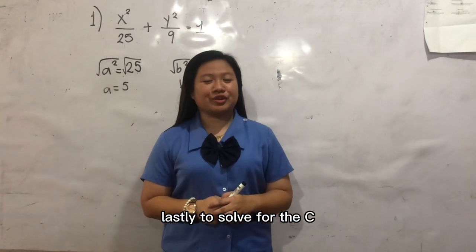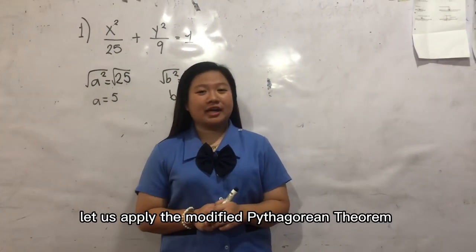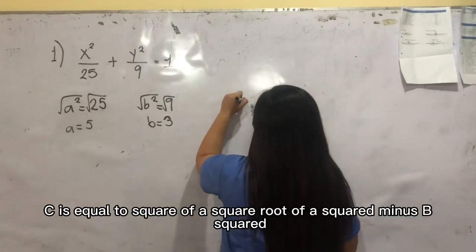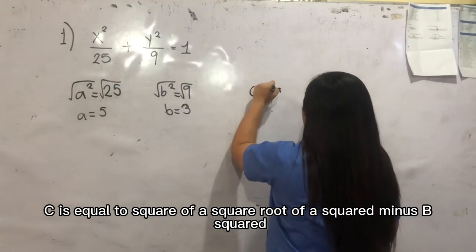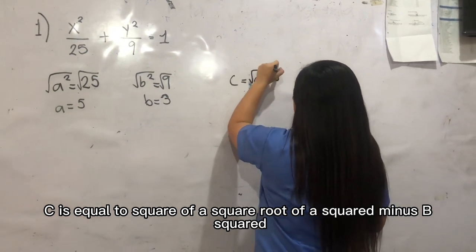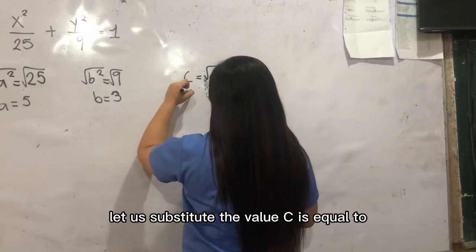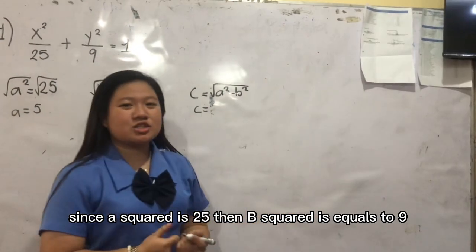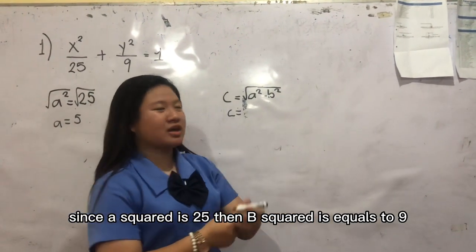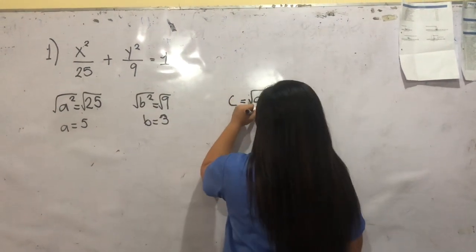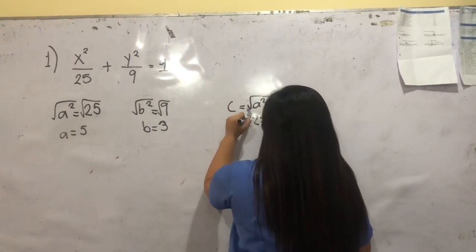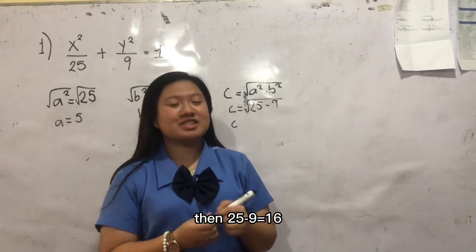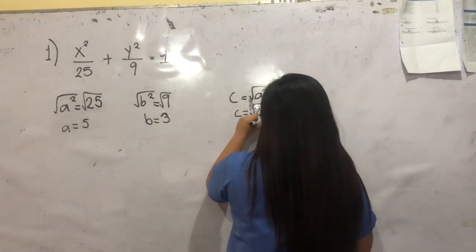Lastly, to solve for c, let us apply the modified Pythagorean theorem. c is equal to the square root of a squared minus b squared. Let us substitute the values. Since a squared is 25, and b squared is equal to 9, then 25 minus 9 is equal to 16.